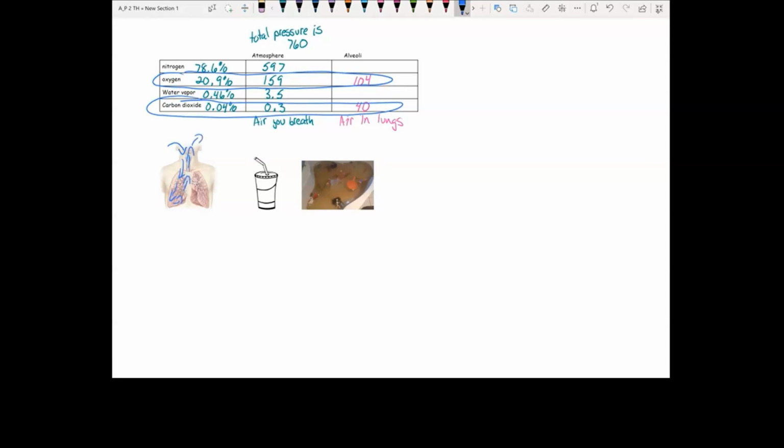Not all of it makes it out. You always have residual volume. So this is the air that is still in your lungs and your airways after you exhale.